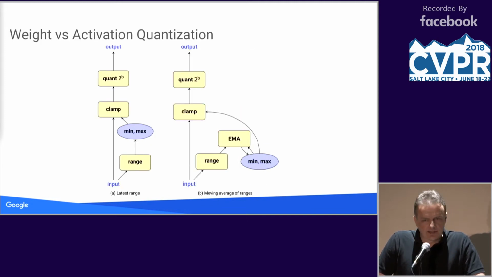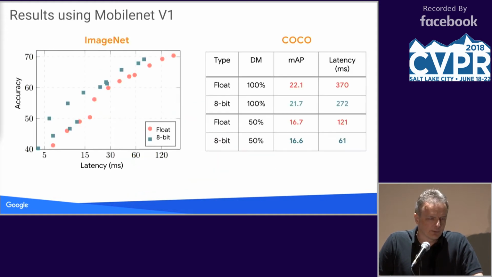Weights and activations get quantized differently. For weights, we know all the values, so we just take the minimum and maximum, clamp to that range, and quantize. Activations depend on inputs, therefore we have to collect the values during training, run a slowly moving exponential moving average on minima and maxima, and then use those to clamp and quantize.